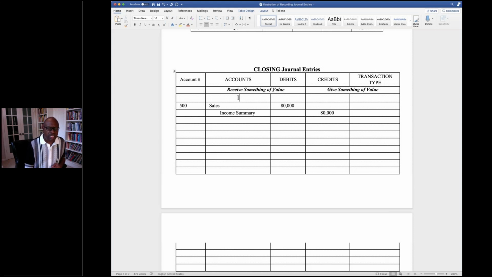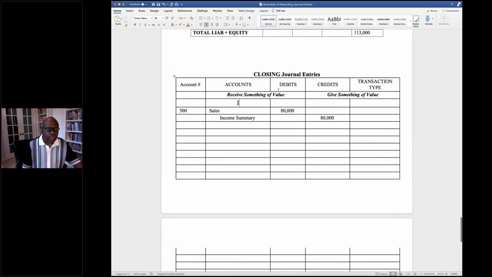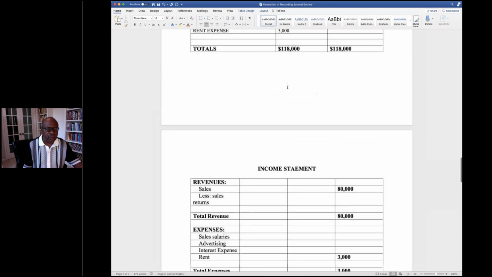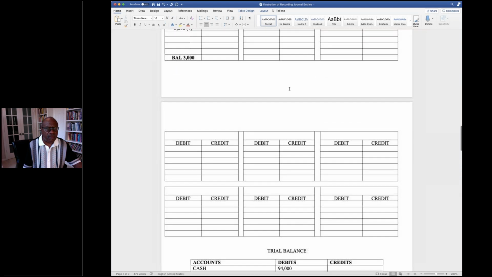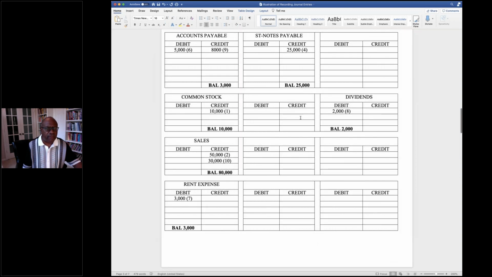So we got closing entry 1. Then I'm going to take closing entry 1, and I'm going to go to the T account. And I'm going to post it.